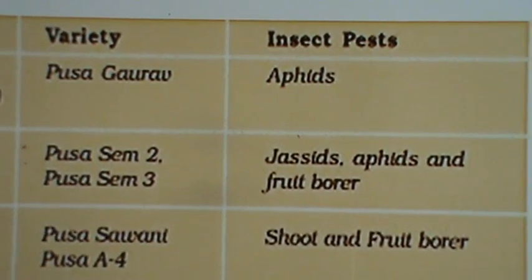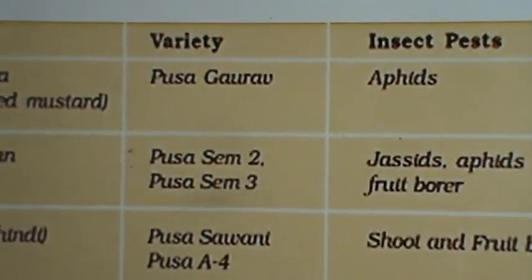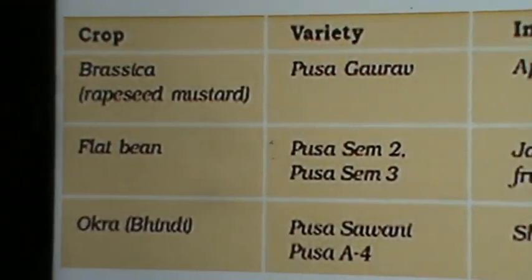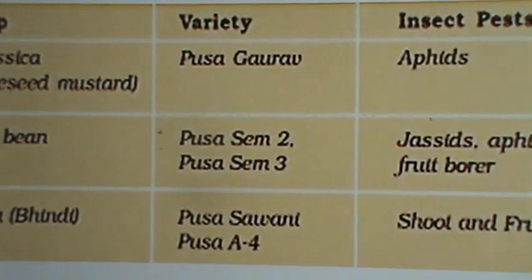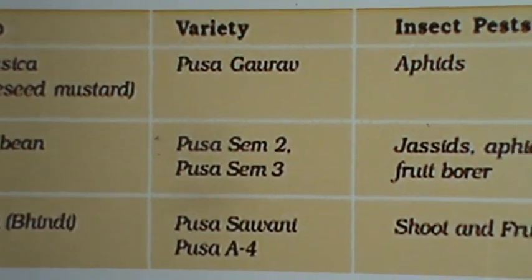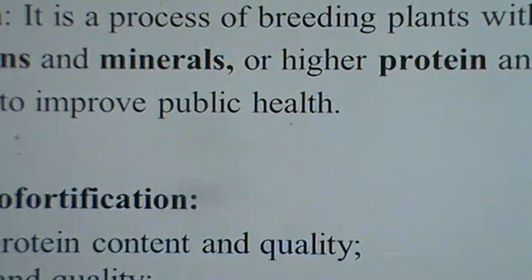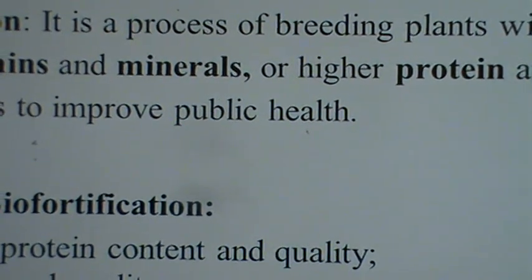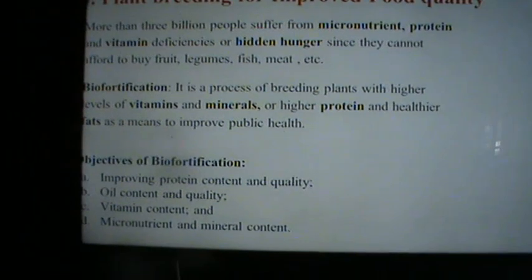Another example is bhindi or lady's finger. Two hybrid varieties are developed, Pusa Savani and Pusa A4, and they have resistance towards the shoot and fruit borer.